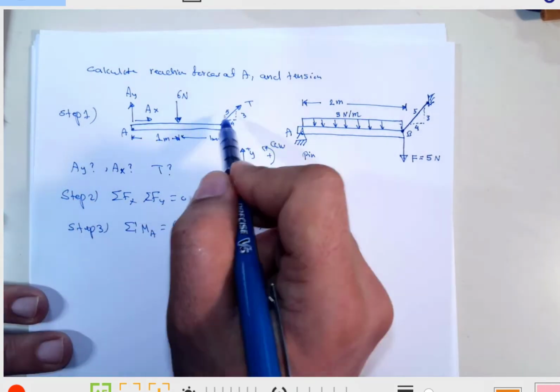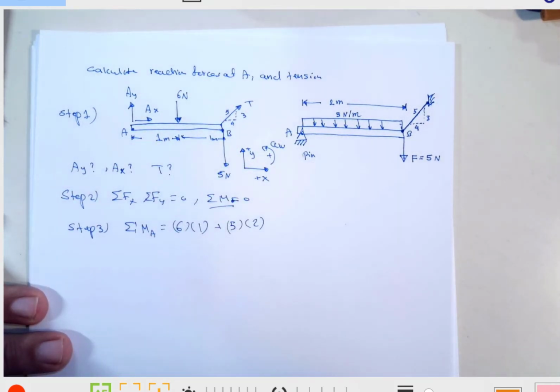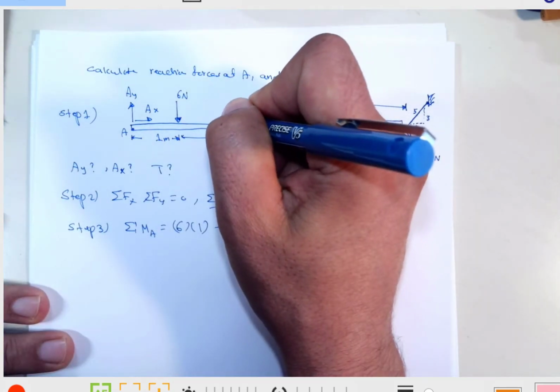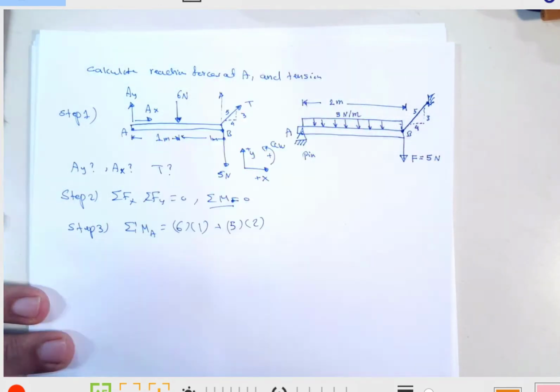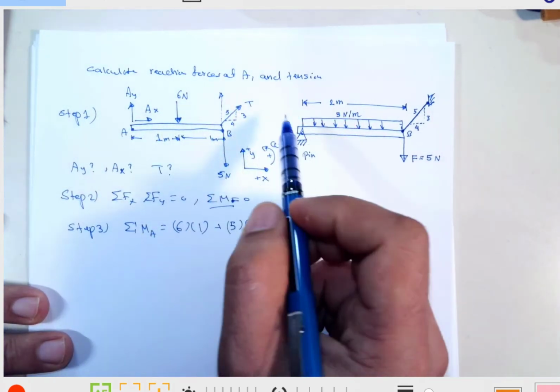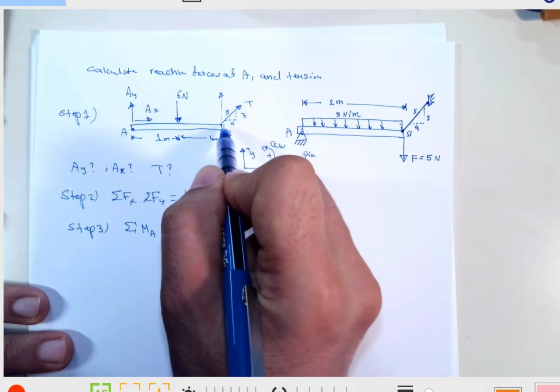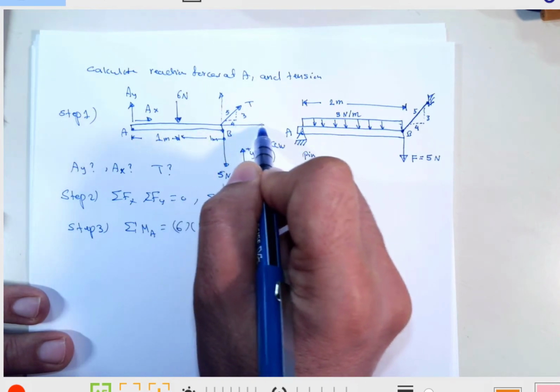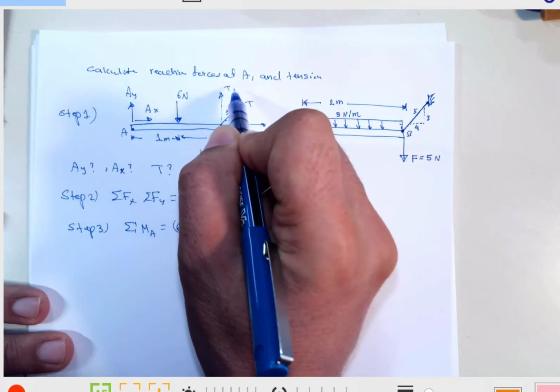Now the way I can solve the moment of T is to decompose T into two components, Ty and Tx.